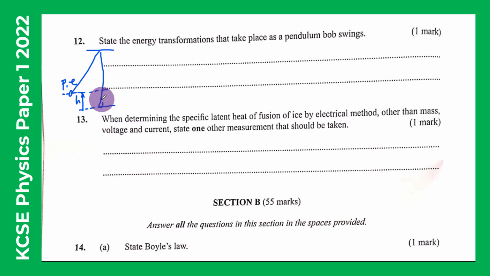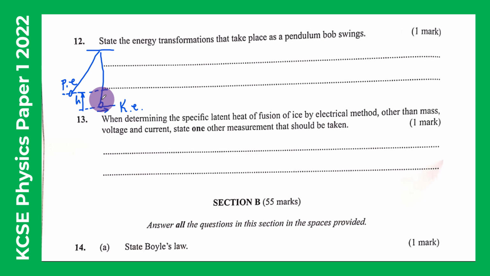So this one is mgh. As it swings like this, it loses height, and therefore the gravitational potential energy is decreasing until at some point here it's got maximum velocity, and at that instant it is moving horizontally. So it's got kinetic energy, maximum kinetic energy.